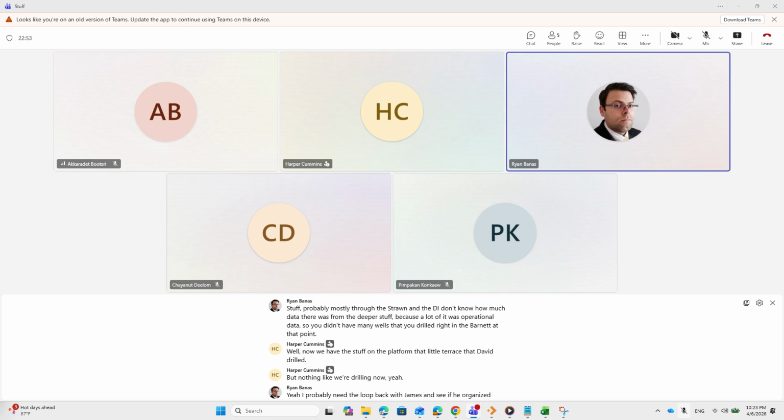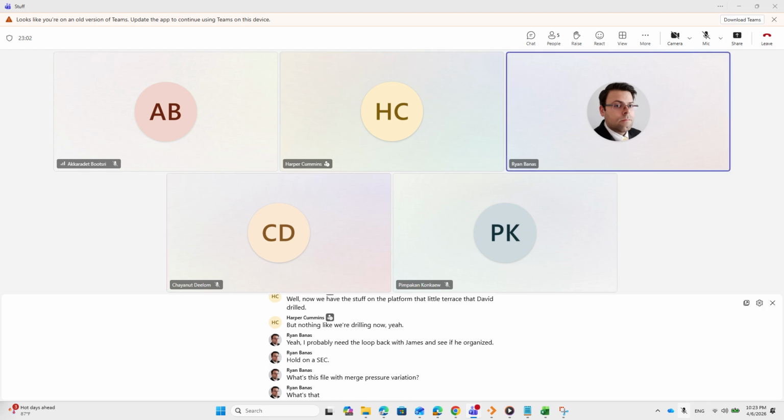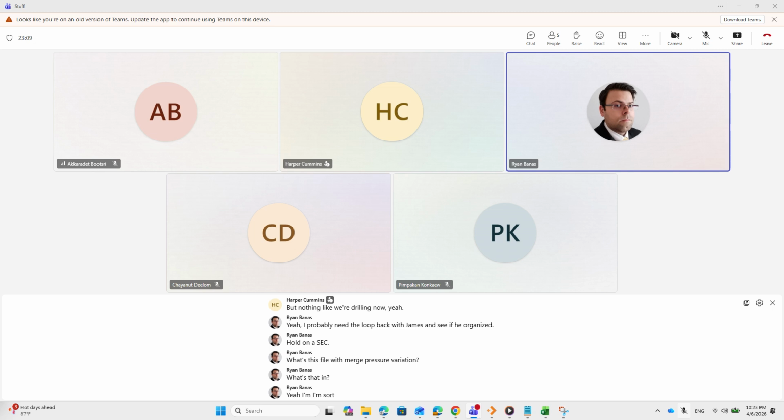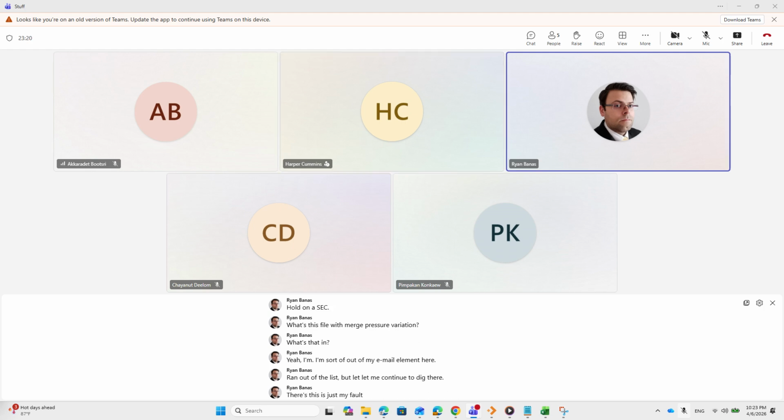Well, here, hold on a second. What's this? File with merge pressure variation. That's not it. Yeah, I'm sort of out of my element here with email. Ran out of the list. But let me continue to dig. This is just my fault for not properly organizing this, I guess, but I can't find anything.